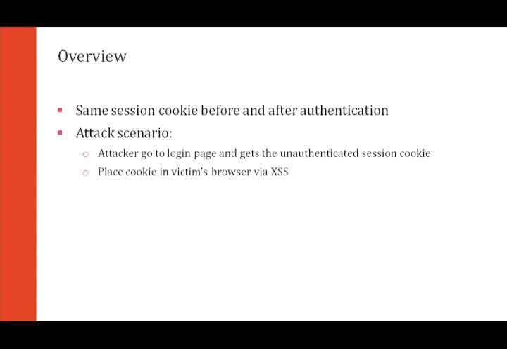Then the attacker, since he knows that cookie, can connect to the bank and impersonate the valid online banking user. What we are seeing here is that this specific application is using the same cookie before and after, and that's an issue that can be exploited.